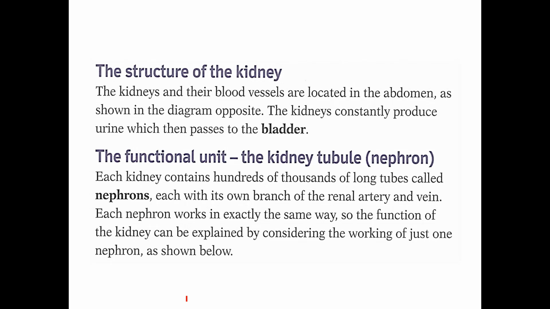Now, the structure of the kidney. Where are the kidneys located? The kidneys and their blood vessels are located in the abdomen, as shown in the diagram. The kidneys constantly produce urine, which then passes to the bladder.